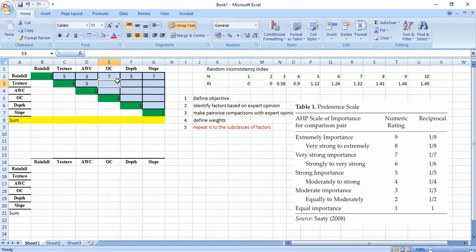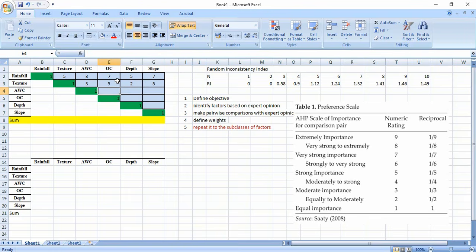Similarly texture and organic carbon, texture is more important than organic carbon, suppose, so then you have to give 5. And for depth you can also have 1 here, like if you find that depth and texture are equally important, then you can have 1 or 2, means based on your expert's opinion. Then texture and slope, suppose if you want 5.